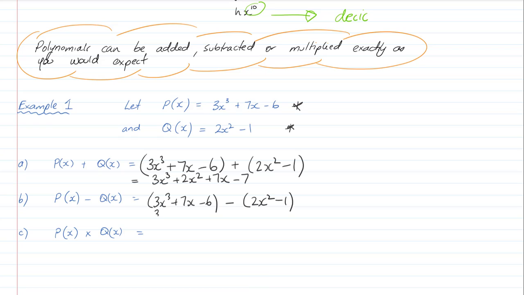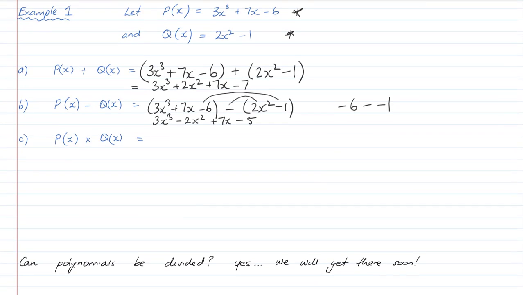So of course we still get our 3x cubed, and then we have negative 2x squared, so it's minus 2x squared, and then we still have plus 7x as our only linear term, and then we have minus 6 minus negative 1. So we've got a double negative there, and that actually comes out as negative 5. So there's my subtraction, and then we've also got our multiplication here.